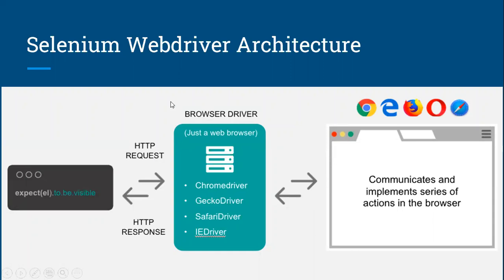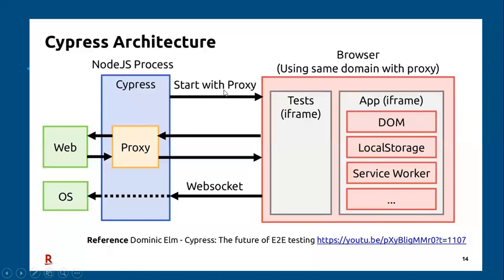But Cypress operates by running inside the browser. So here Cypress includes two iframes, the test runner and the app. Behind Cypress is a Node.js project, and Cypress has a proxy.